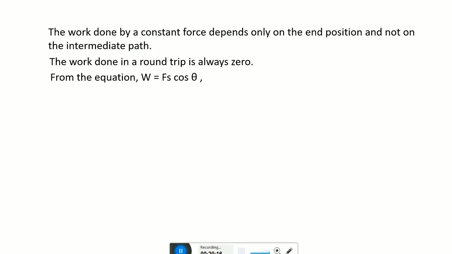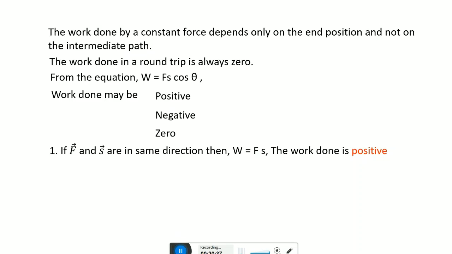From this equation, W is equal to Fs cos theta. This work done may be positive, negative or 0. Let us consider these three cases. First case is work done may be positive.